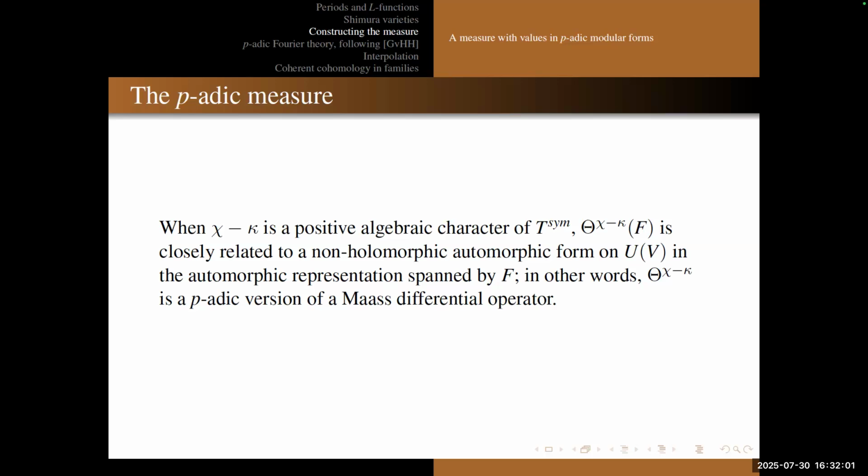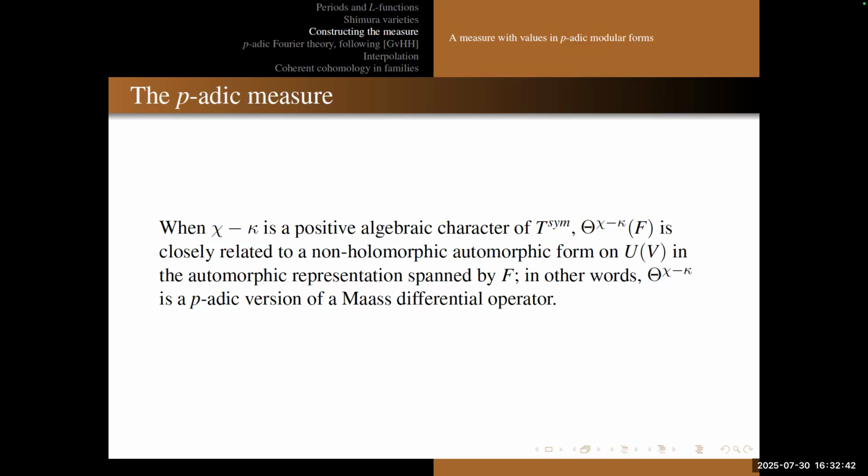So maybe I should have said f started out life as a lowercase f, a holomorphic modular form. It's being realized as a p-adic modular form, and it's been promoted to a capital F. And here is where not having an iPad is a disadvantage, because I cannot write the formula that would make everything perfectly clear.